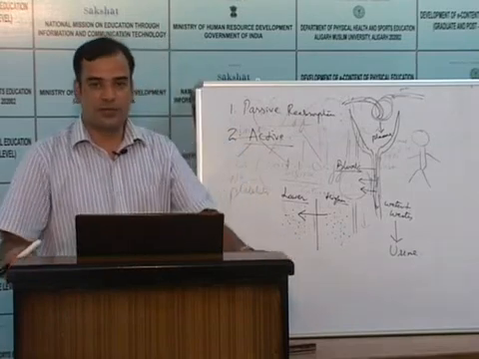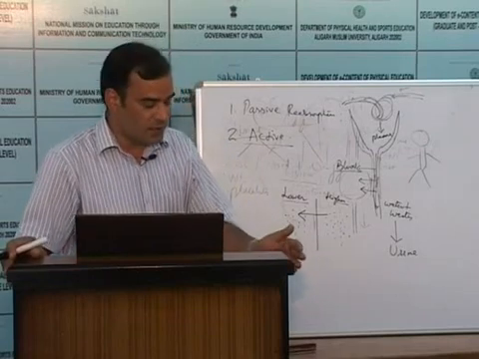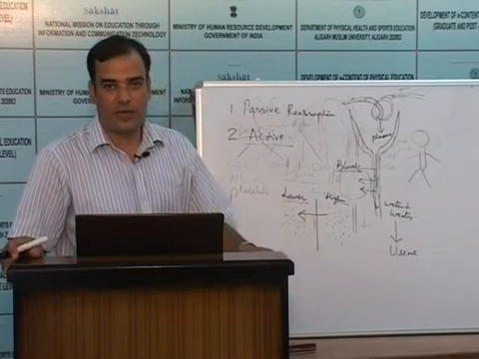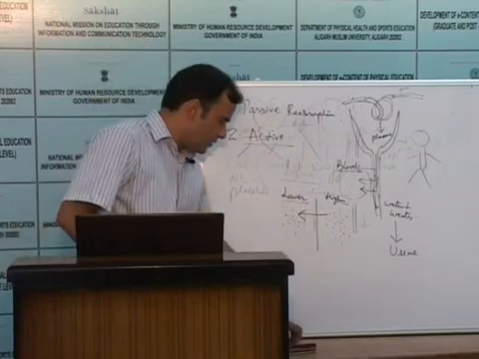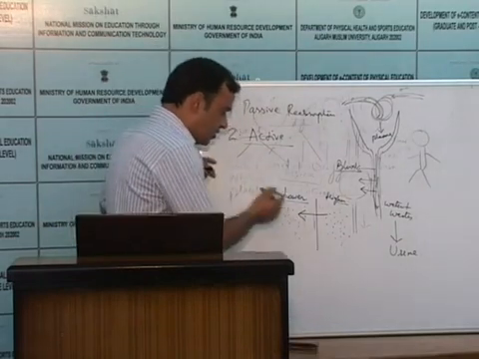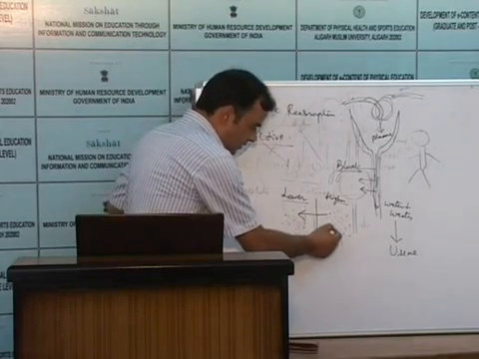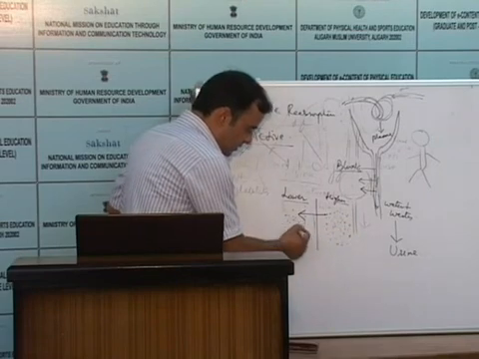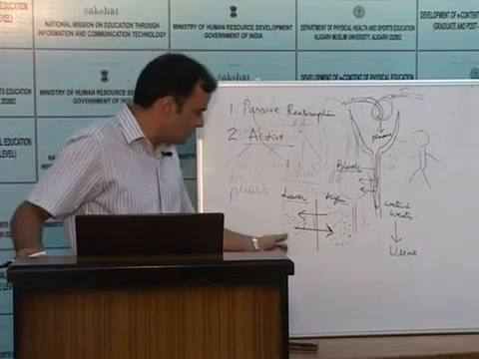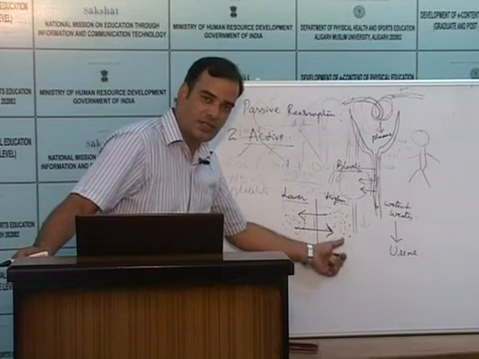However, in active reabsorption, energy is required, because here the transport of substances across the membrane is against the electrochemical gradient. For example, in active reabsorption, the transport takes place against the concentration gradient, that means from the side where the concentration is lower to the side where the concentration is higher.